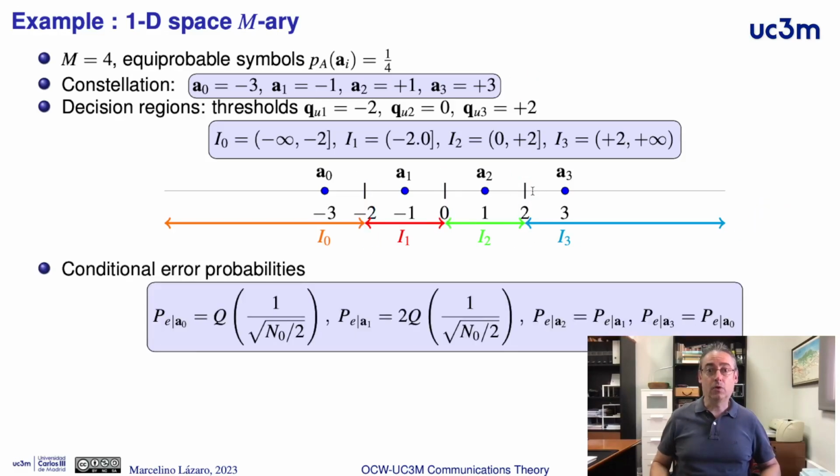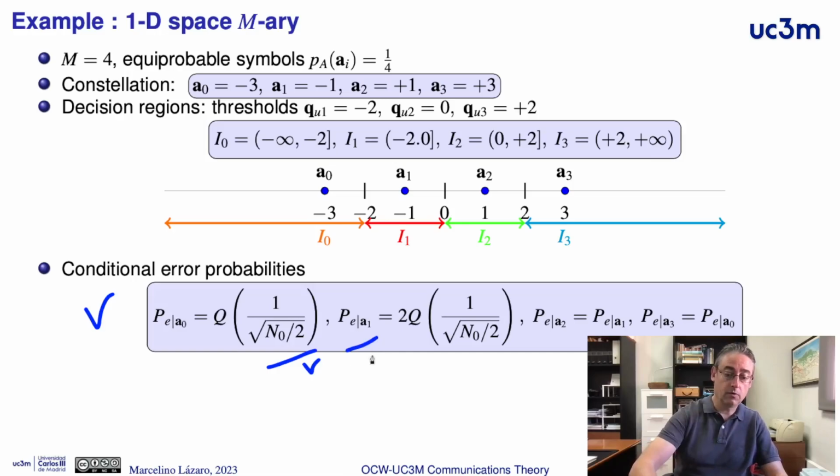The symbol error rate is obtained by averaging the conditional probabilities of error. The conditional probability of error for the symbol A0 is Q of 1 divided by square root of N0 halves. For A1 is twice this amount.